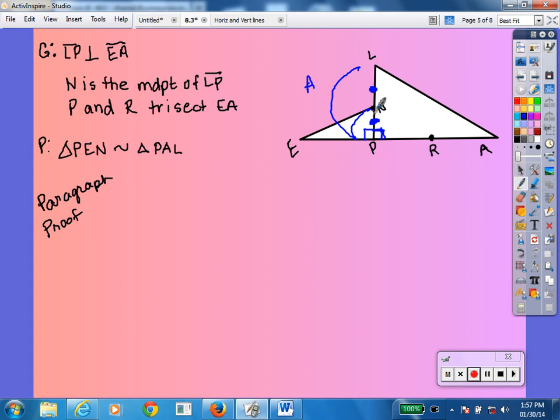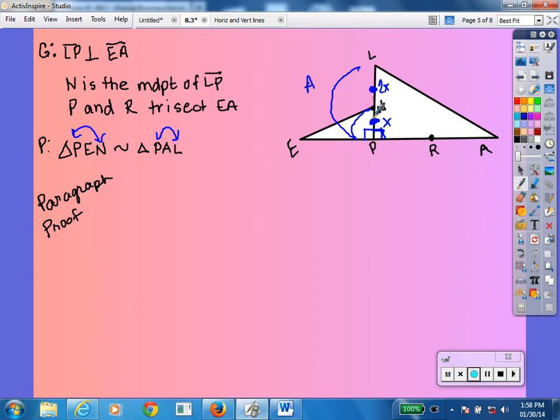So NP, which is this segment, is half the length of LP. So whatever this is, there's going to be 2 of them. Makes sense?